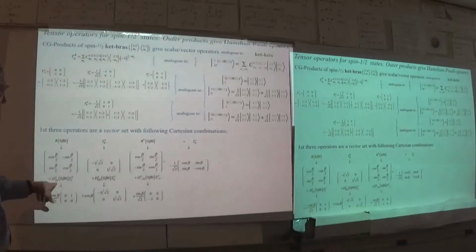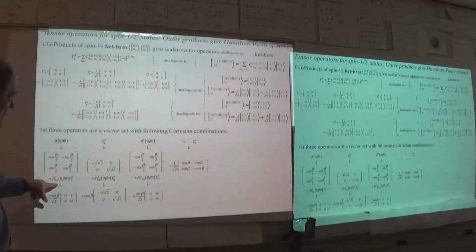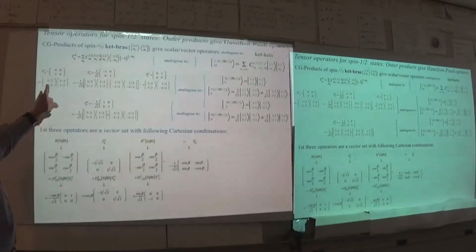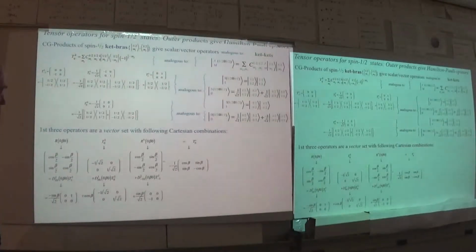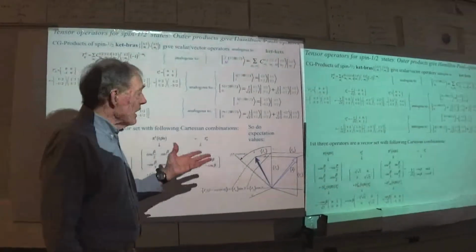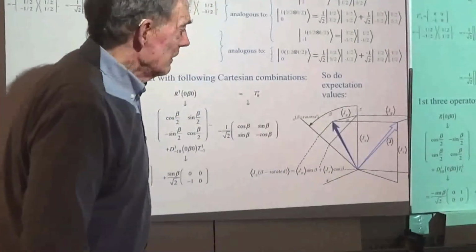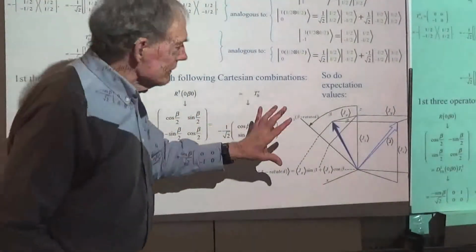This is the idea of having an irreducible representation of the angular momentum type doing the transformation of the 3 operators, tensor, really vector operators. When you do that, you finally get, if you look at the Cartesian components, exactly a rotation of an expectation value vector. Okay, so we've already looked at that too.